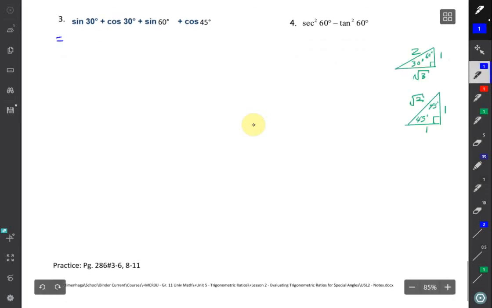Looking at number 3, the sine of 30 is the opposite over the hypotenuse, which is 1 over 2, plus the cos of 30, which is the adjacent over the hypotenuse, which is root 3 over 2.